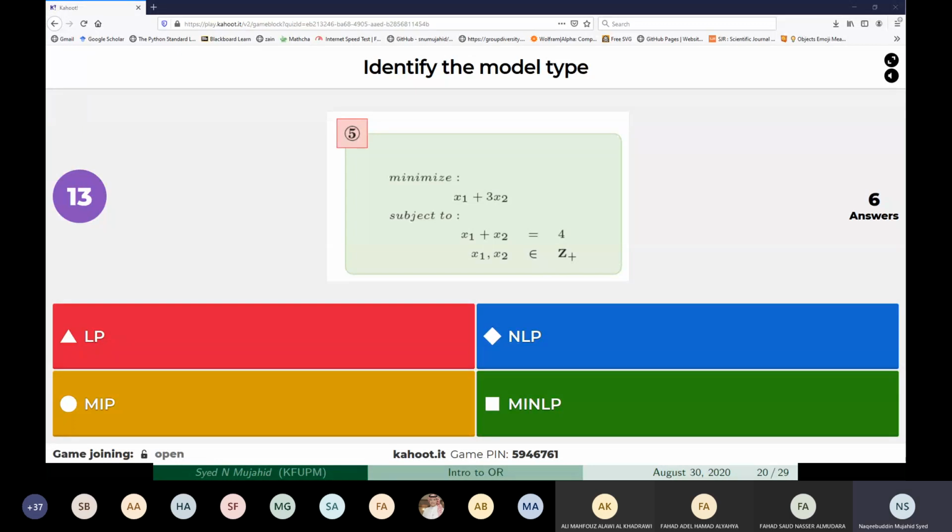Remember, MIP is the same as IP, and INLP is the same as MINLP.